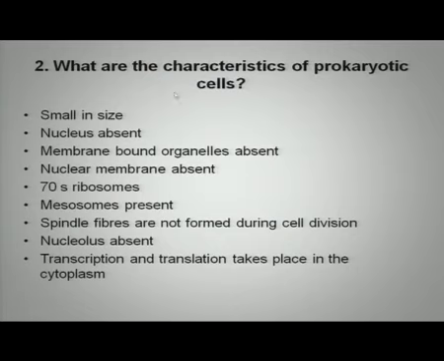Your second question, it was, what are the characteristics of a prokaryotic cells? You check your answers. Small in size, nucleus absent, membrane bound organelles absent, nuclear membrane absent, the ribosome, that is 70S ribosome, they contain mesosomes, the enfoldings of plasma membrane.